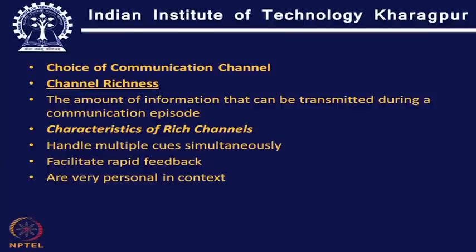So, rich channels of communication are defined by whether you are able to handle multiple cues at a time, whether you facilitate rapid feedback, and whether it is personal or impersonal in nature. These three dimensions will define the richness of particular channels.